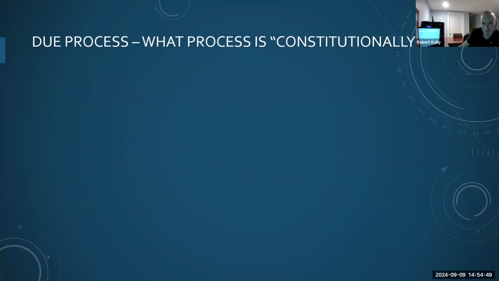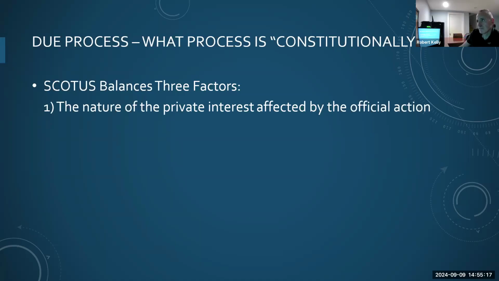Our job is to decide what, if any, due process is constitutionally due in this situation. And as you recall, I hope, from your briefs and your study of Matthews versus Eldridge, when entertaining this type of challenge with regard to due process, the Supreme Court is going to balance three factors.